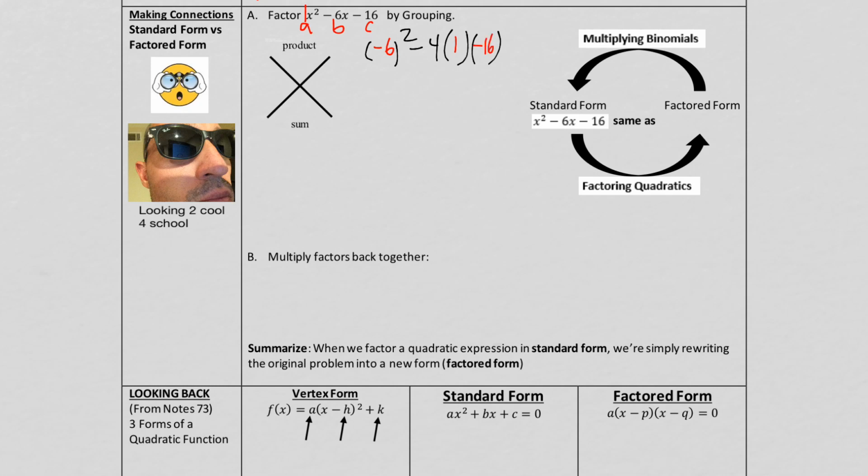Again, you guys have calculators, so if you can, use that. Negative 6 squared is 36. And then negative 4 times 1 is negative 4, and then negative 4 times negative 16 is positive 64. And if I add these together, I get 100.